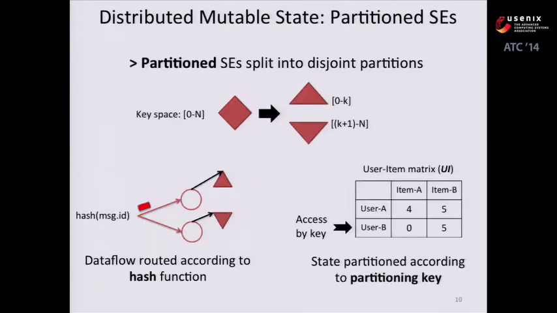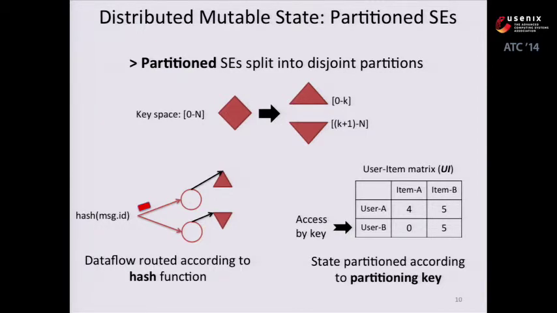A bit more detail: in the case of the partitioned state elements, we split the original state element into disjoint partitions. So if the original one was handling a given key space, the different partitions will now be handling disjoint sets of those. To route data in this case, we hash the incoming data so that we can choose dynamically to which particular task element to send the data.